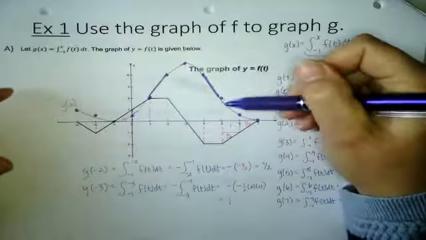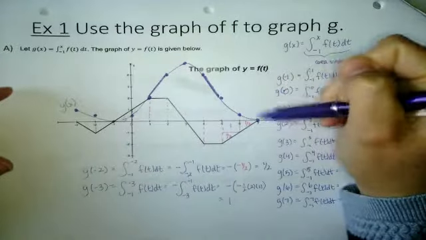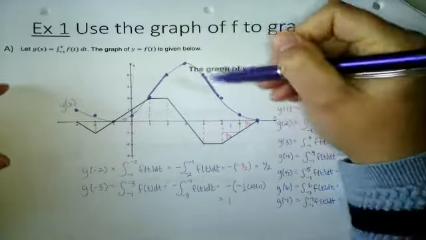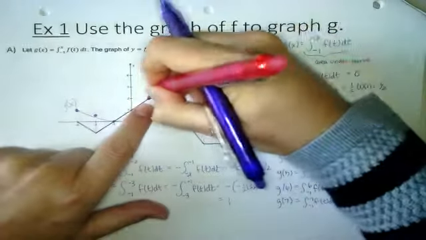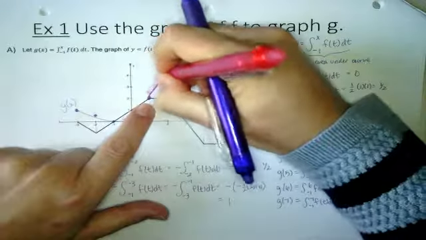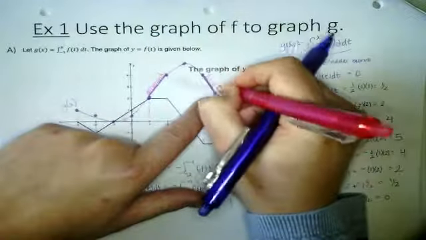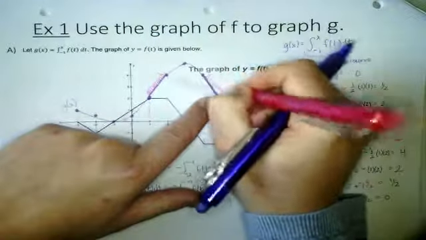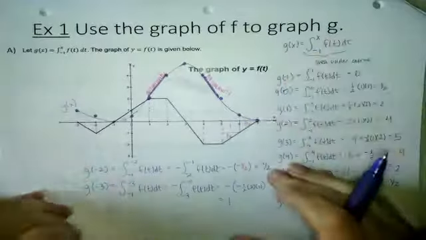You can also see this section here looks to be concave up as well. And again, this segment has no concavity. That's really interesting. And this has no concavity. All right, but this section does. So from 5 to 7, it's also concave up.